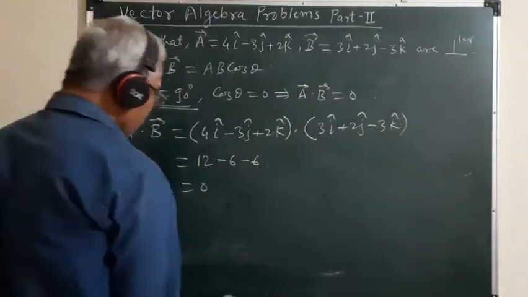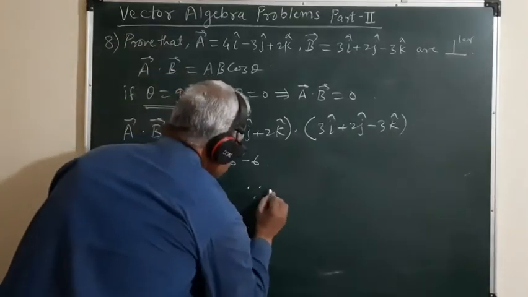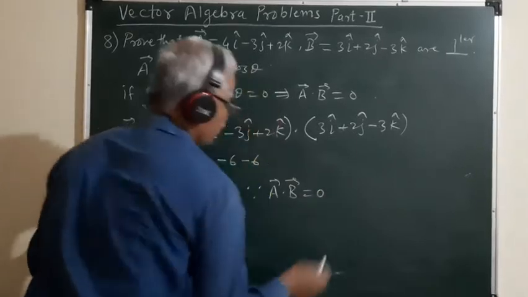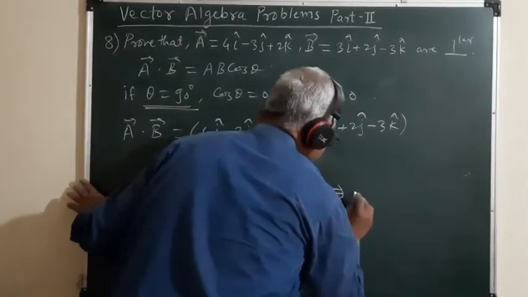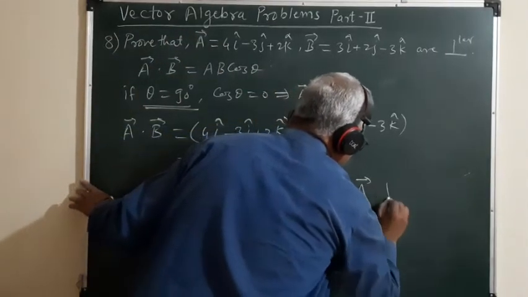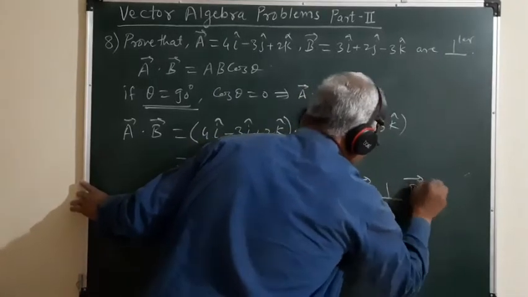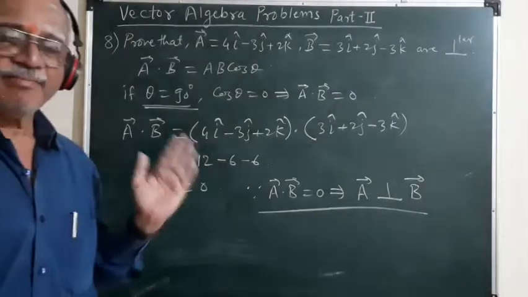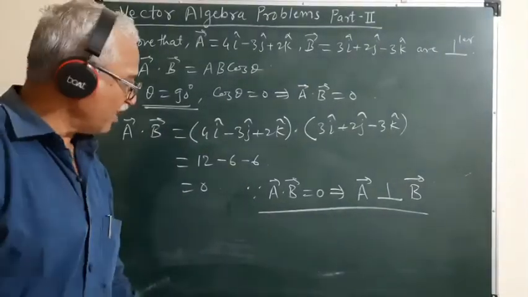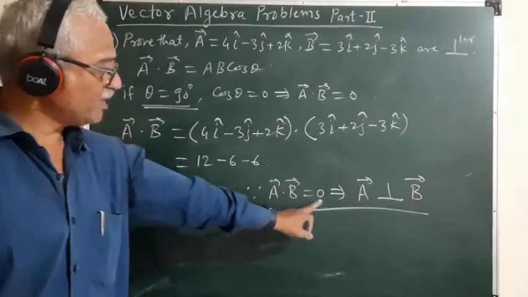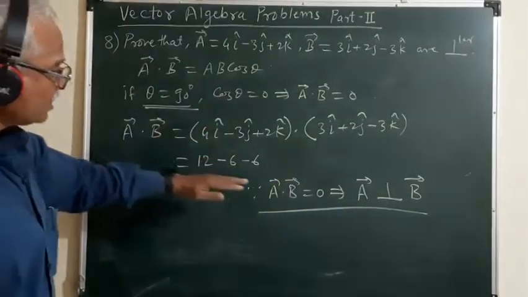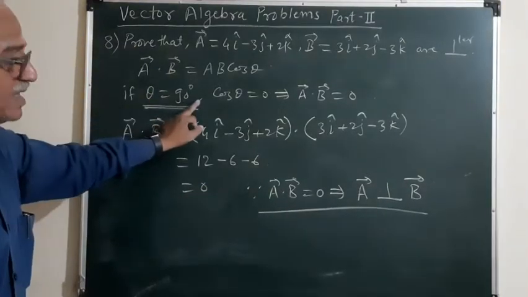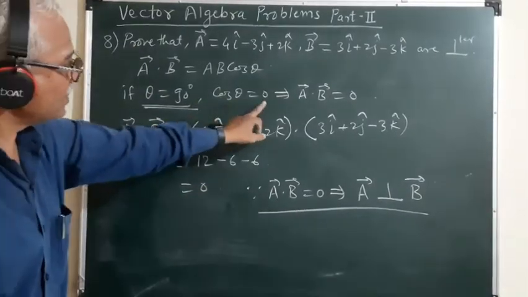So what we can conclude here is that since a bar dot b bar is equal to 0, the vector a bar is perpendicular to the vector b bar, because a bar dot b bar works out to be 0 only when the value of theta is 90 degrees, so that cos theta is 0.